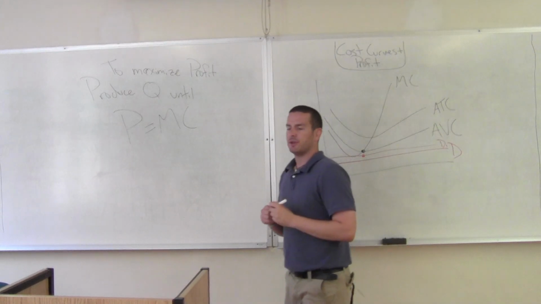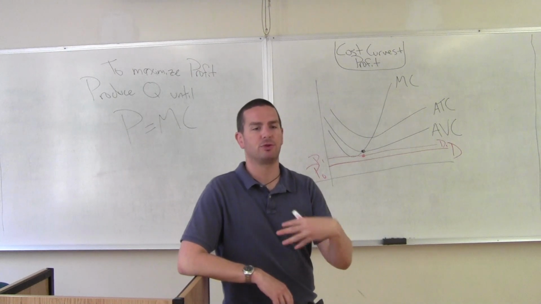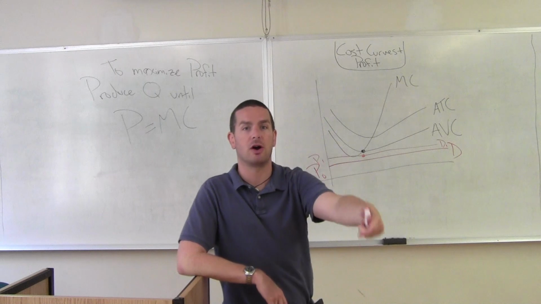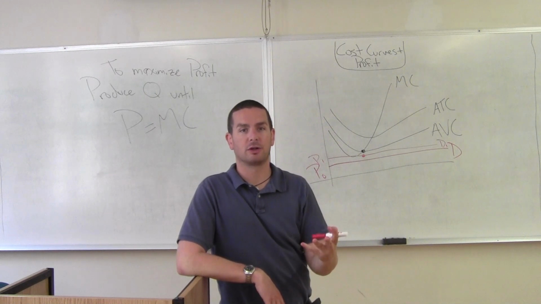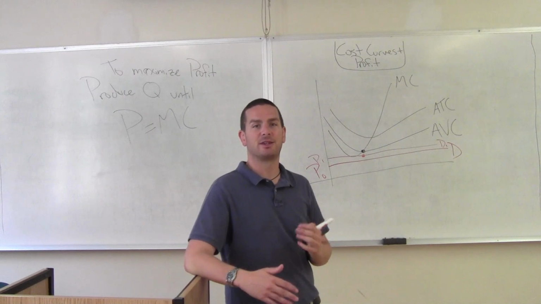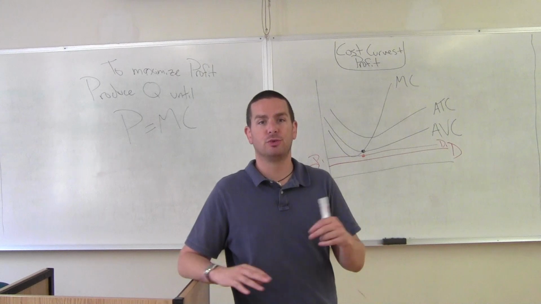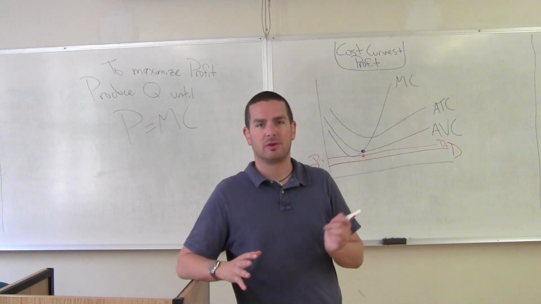Okay? You would not be able to, and so you wouldn't produce, right? If you can't cover the cost of your workers, if you won't even be able to pay your workers, it doesn't make sense to produce at all. So you will produce nothing, right?